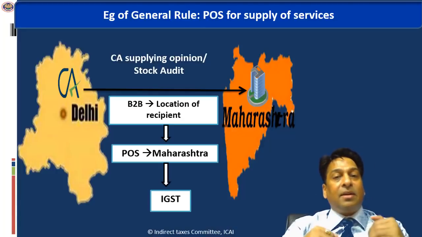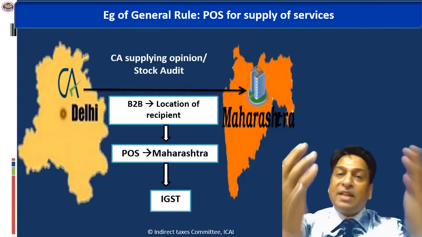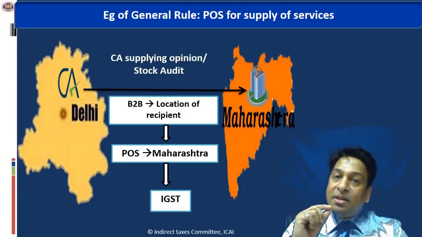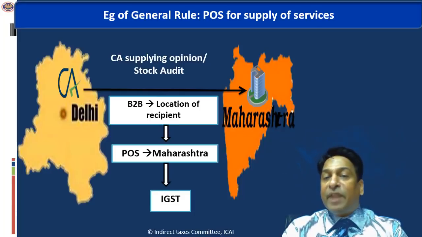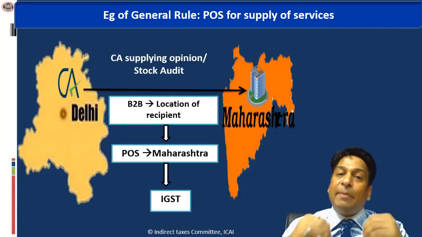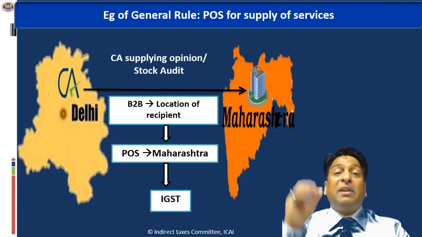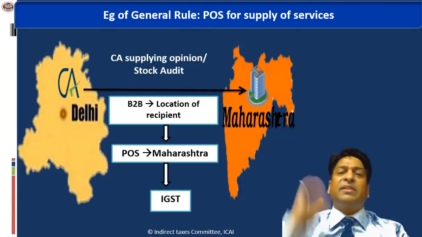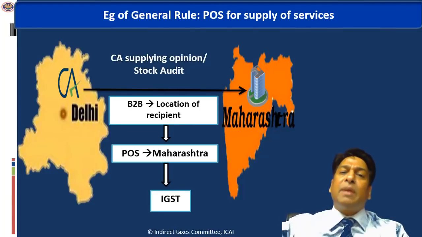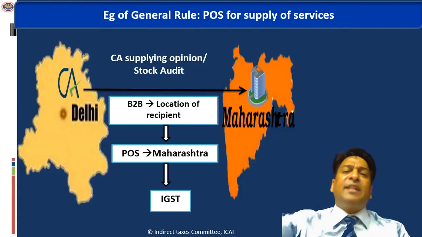Now this credit question comes to my mind, which I'm posing to all of you: can this credit be availed by this client at the Delhi registration, or does he have to do something different? In this case, credit would be available to my client, no denial, but they can't use this credit because this particular service pertains to a place in a different state.